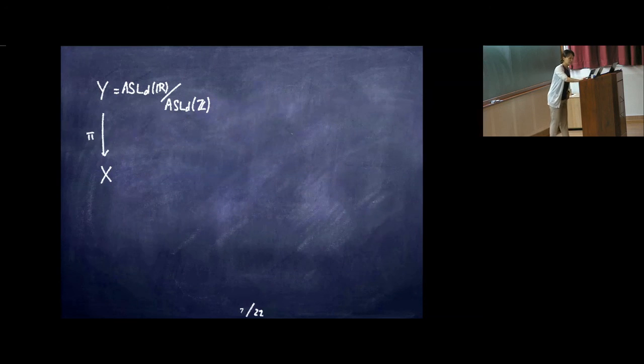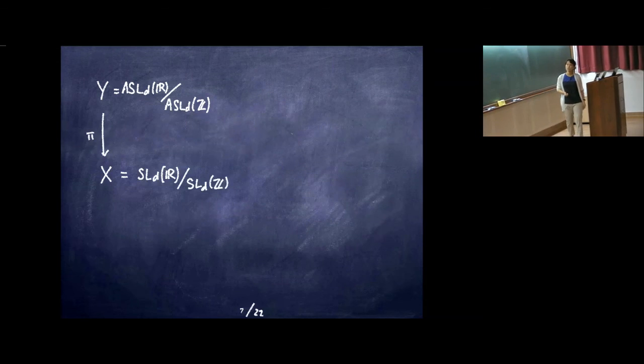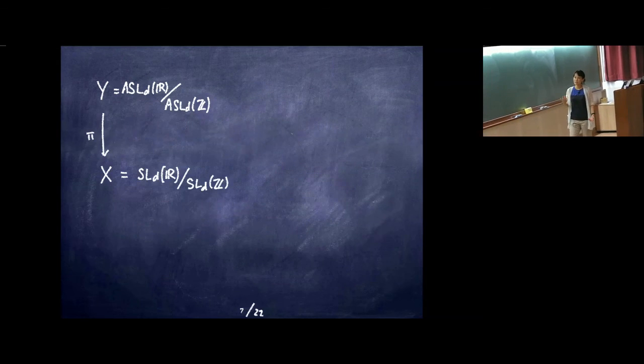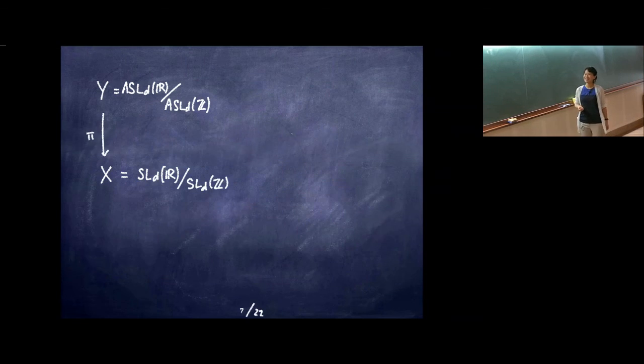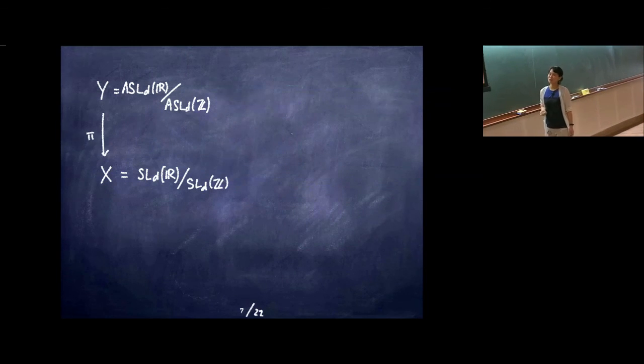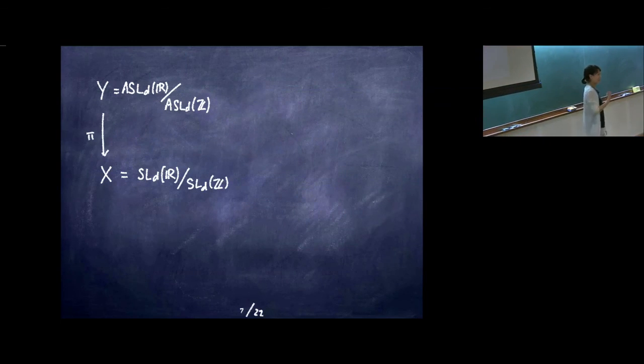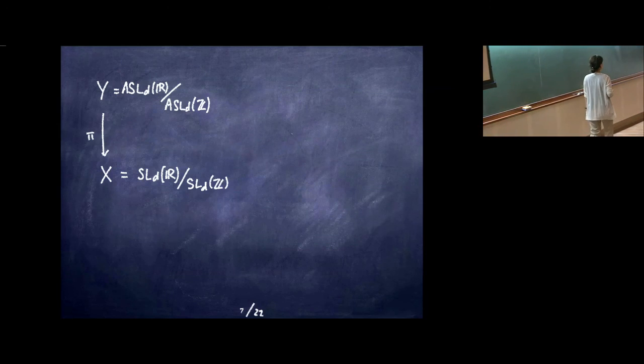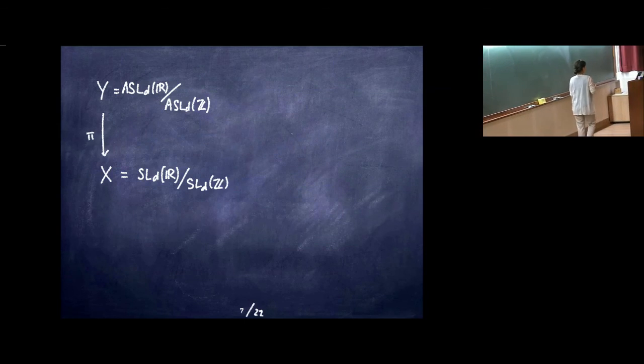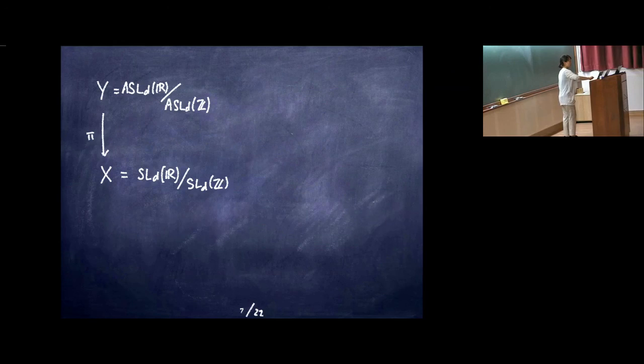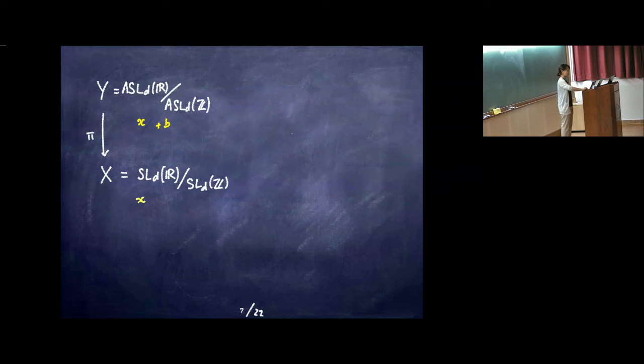But we still have X, which is SL_d(R) mod SL_d(Z), the space of unimodular lattices, the space that I am more comfortable with. So we have this canonical projection: if you have a translate of a lattice, then you project down to the lattice.